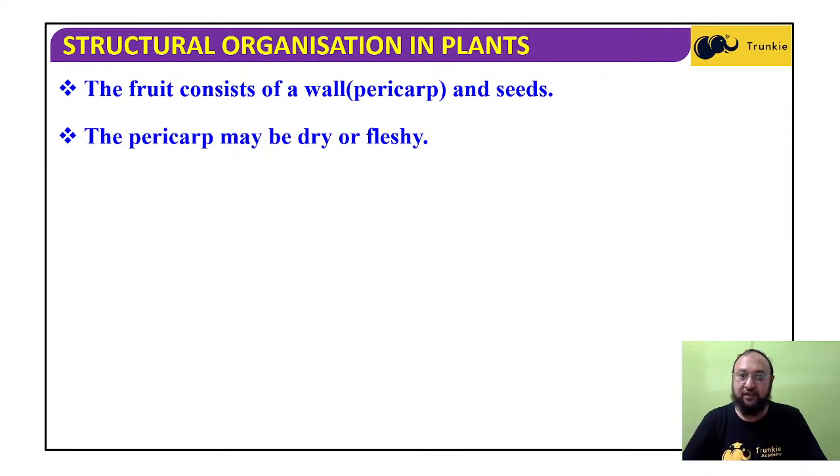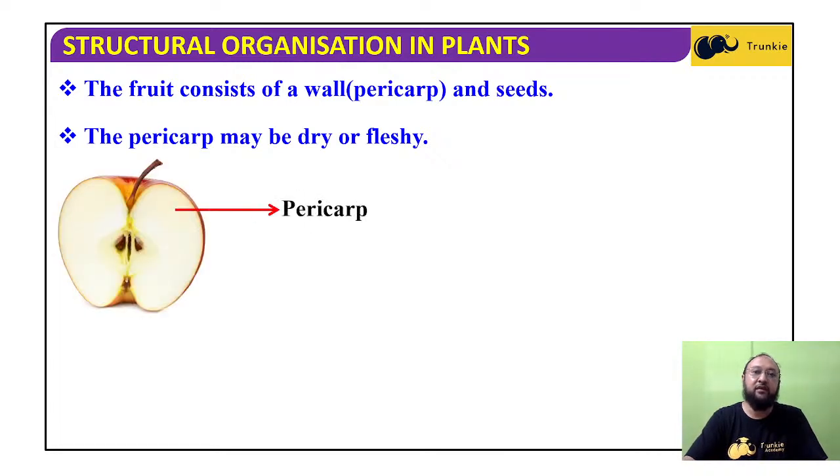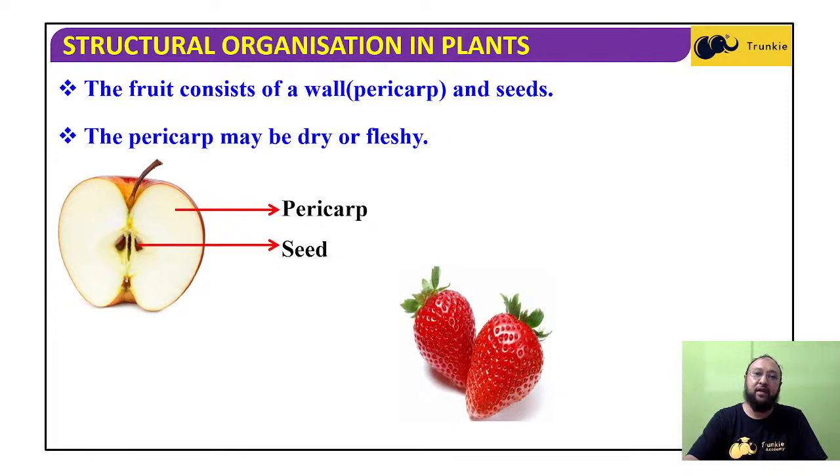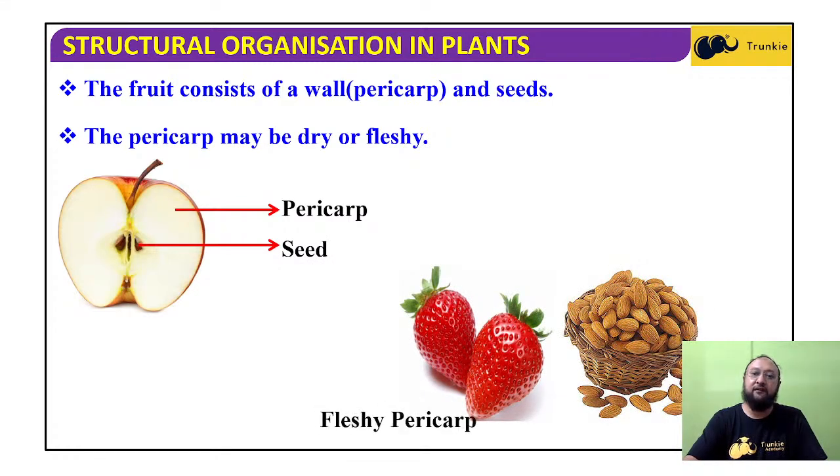In dry fruits it is dry, and in fleshy fruits it is fleshy. Here this is the pericarp and this is the seed. In the fleshy pericarp it is very easily observable, and an example of dry pericarp is almond.